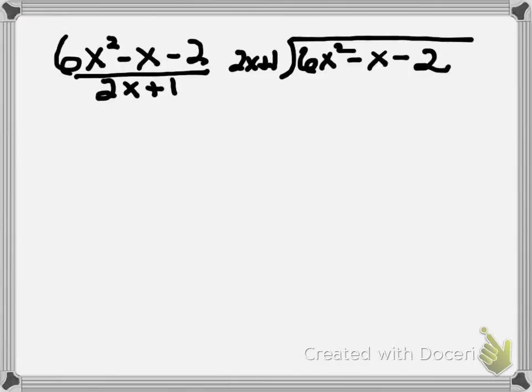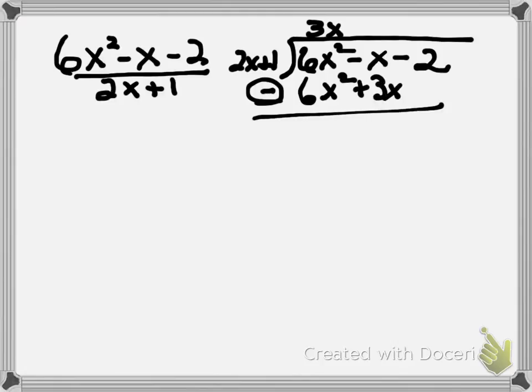So we take 6x squared and divide it by 2x is 3x. 3x times 2x is 6x squared. 3x times 1 is 3x. Change the signs of the second polynomial. 6x squared minus 6x squared is 0. A negative 1x and a negative 3x is negative 4x.